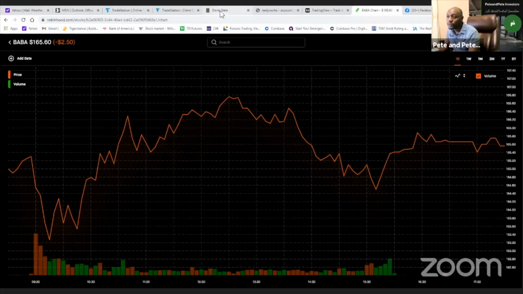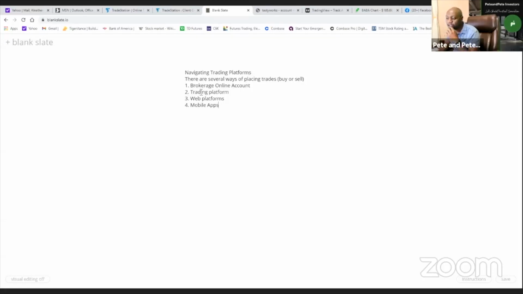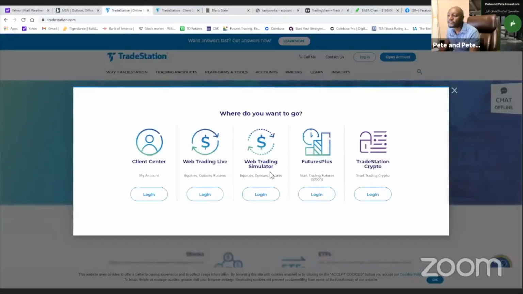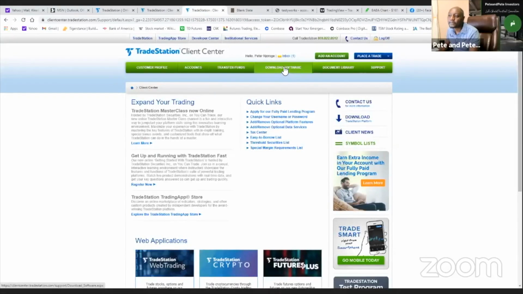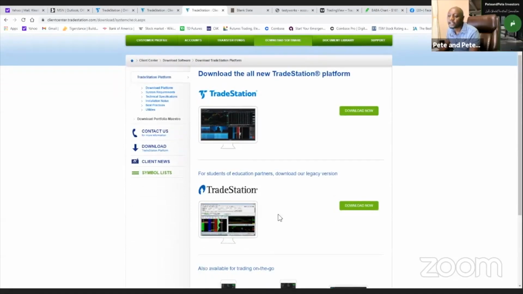All right, so most other brokerage firms that do analysis will allow you to download their trading platform. We'll take an example of TradeStation. Obviously, this is my favorite. TradeStation has software that you can download once you get approved for membership, for subscription, and they have two of them, 9.5 and the most recent platform, 10 point something.